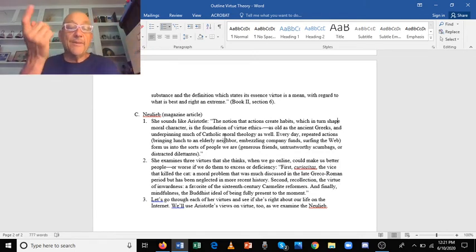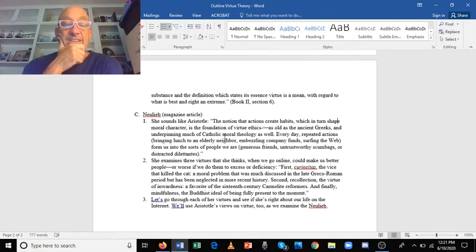So she looks at, I'm at C3, 2, excuse me. She examines three virtues, not the ones we probably listed above, that she thinks when we go online, so this is our internet life, could make us better people or worse. If we do them too much or too little, we become worse, and at that intermediate state, they make us good people, virtuous people.